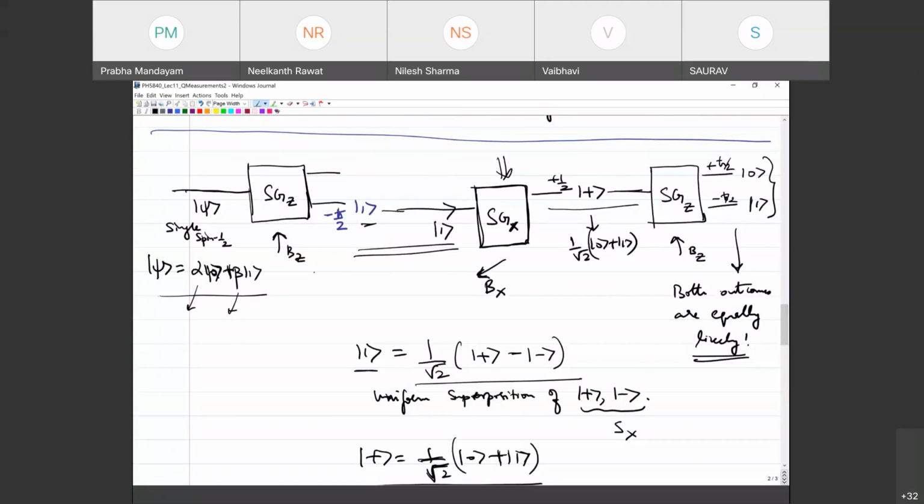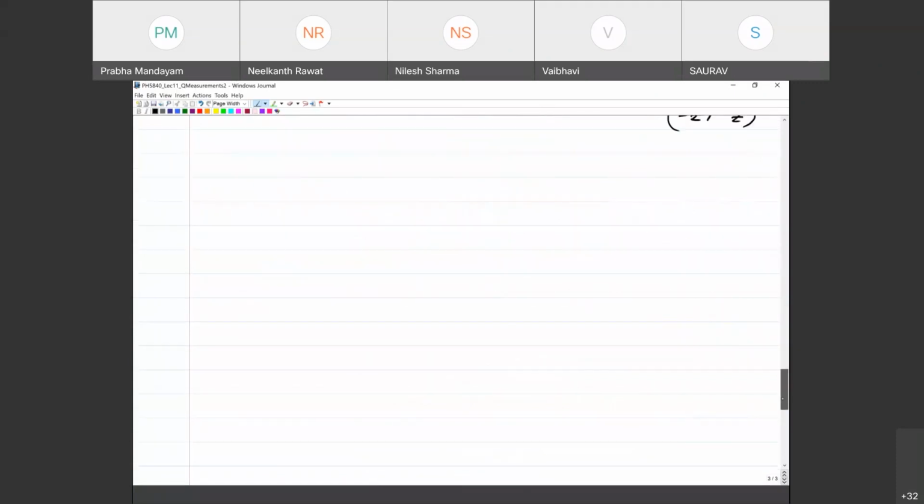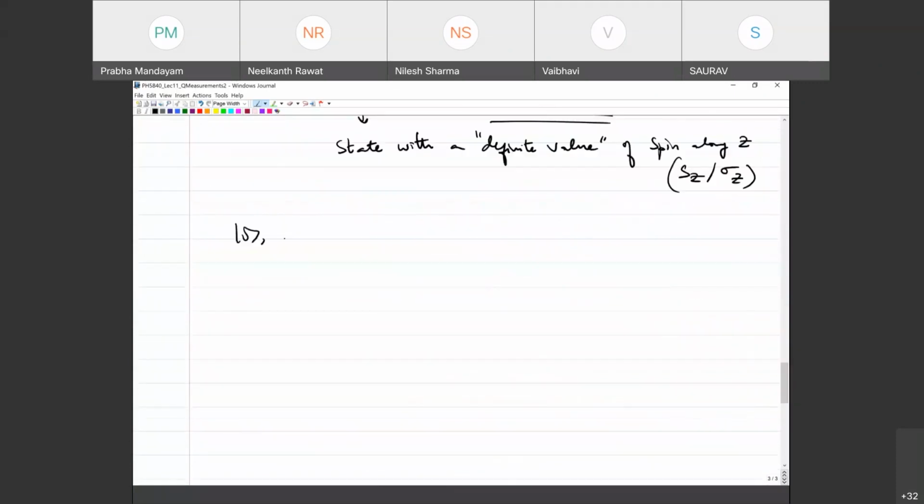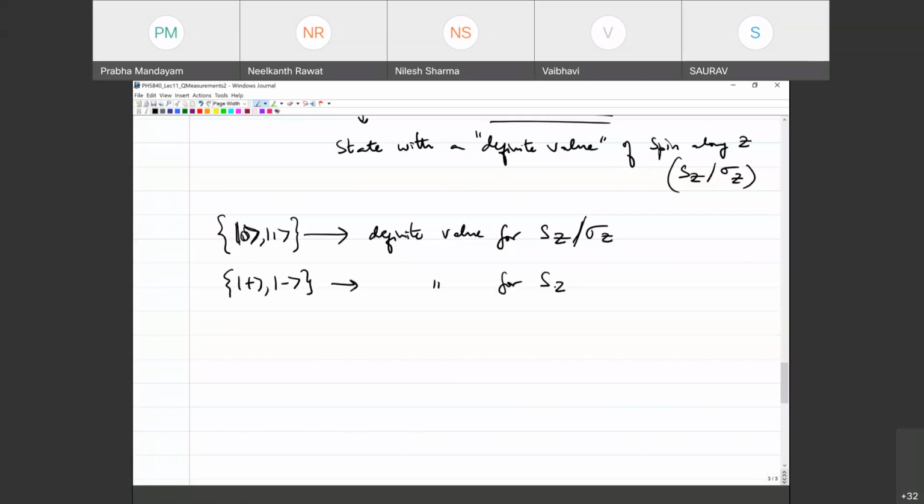So what does this tell me? If I'm in a state like 0 or 1, then I have a definite value for spin along z. I forget whether I call this sz or sigma z, but they're both the same thing. You just have to keep the h bar by 2 in mind as a physical unit. But if I'm in one of these two states, then I have a definite value for Sx, or sigma x.